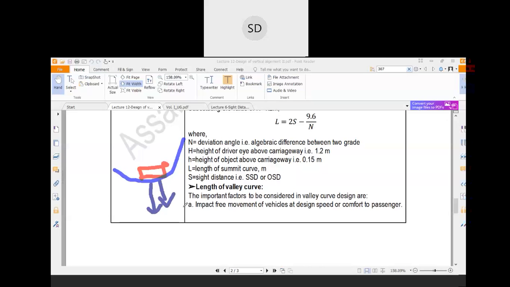This will create more pressure on the vehicle tires and axle, and for this reason, the passengers of the vehicle will face discomfort whenever traversing a valley curve. So whenever you are designing a valley curve, you need to consider the comfort condition.